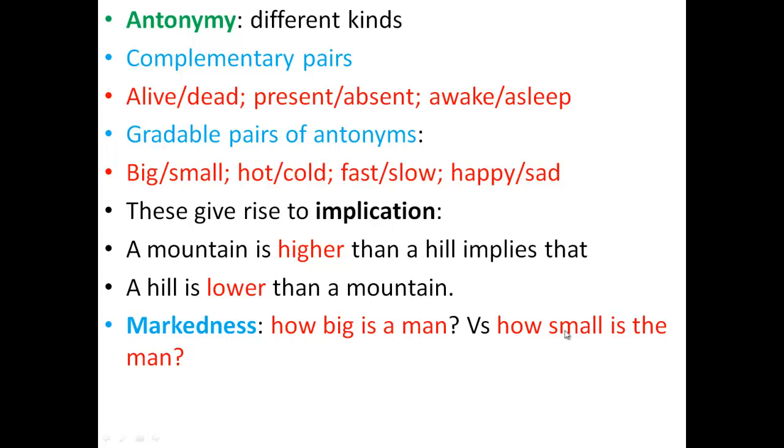We have got big and small. This is a couple of words that we call gradable antonyms. Look at this question. How big is the man? When you use the word big in this context, do you mean that this person is big? Of course, you do not assume that he is already big. You are just asking about his size.